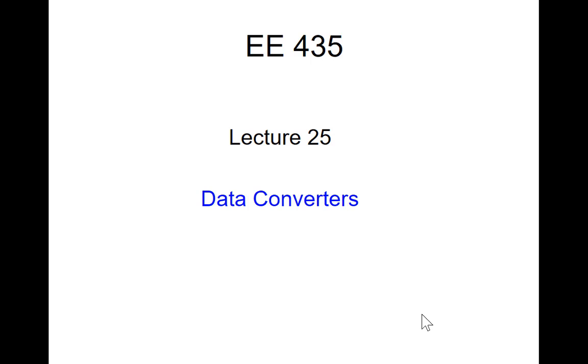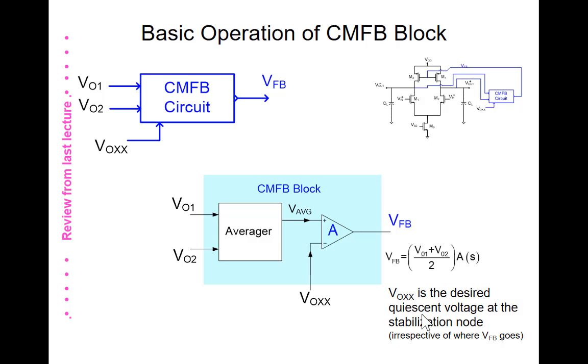I'll just make a couple of comments about common mode feedback circuits. I pretty much covered that in the last lecture. We talked about a common mode feedback circuit, and the idea was that it takes the average of two voltages, the voltage that we want to set at some quiescent value, and compares it to the desired value of the voltage, and then generates a feedback signal.